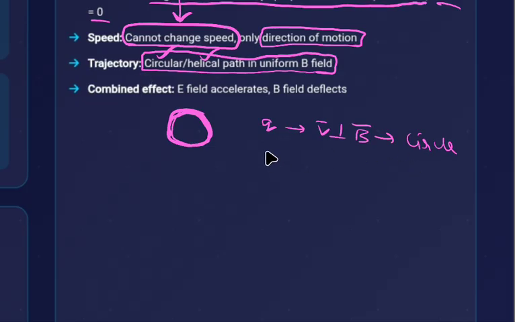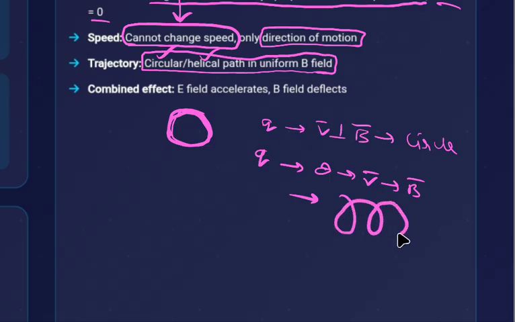When the charge is moving at an angle theta to the magnetic field, it goes in a helical path. This is called a helical path, like this.